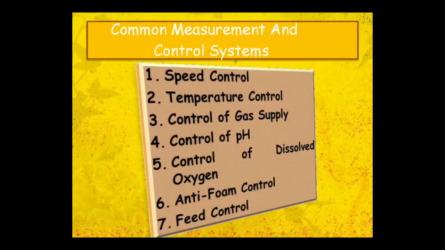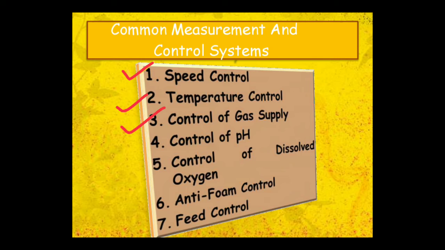The different control measurements and control systems of a fermenter are as follows. First is the speed control. This controls the speed at which the agitator will be moving and agitating the mixture in the fermenter. Then the temperature control, which gives the optimum temperature for the whole process to complete.